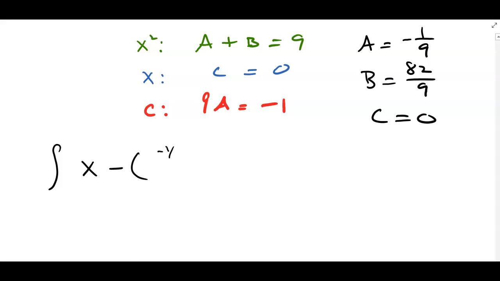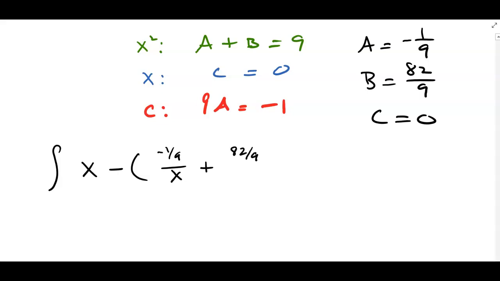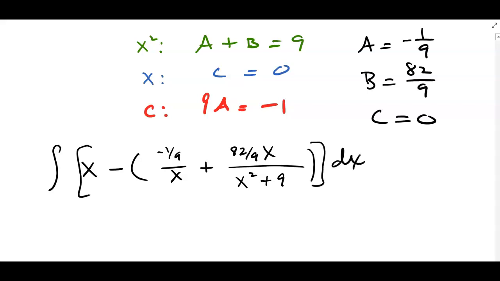So A is negative 1/9 over x, and Bx plus C, and we have 82 ninths x plus C, but C is 0, over x squared plus 9. dx would be around that whole thing.